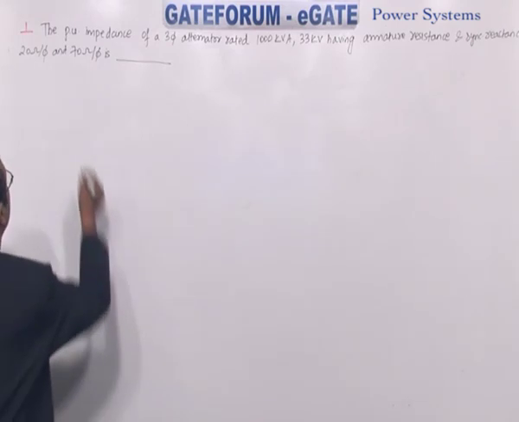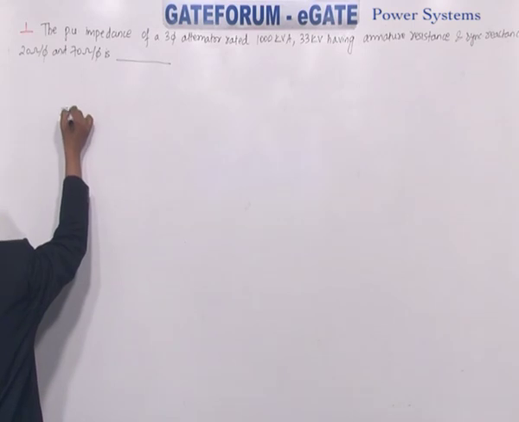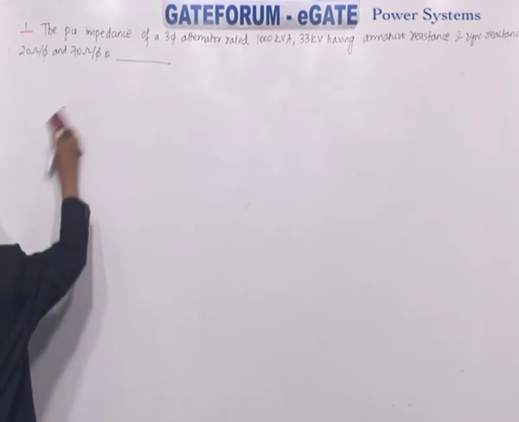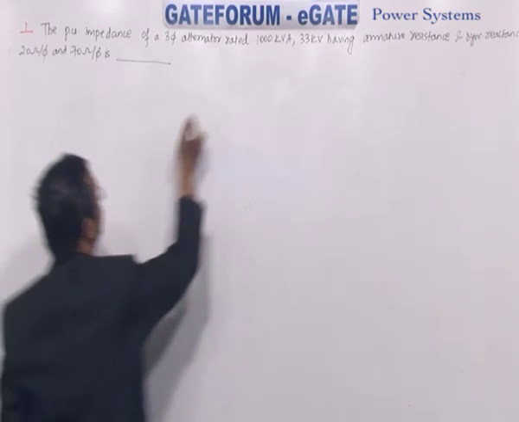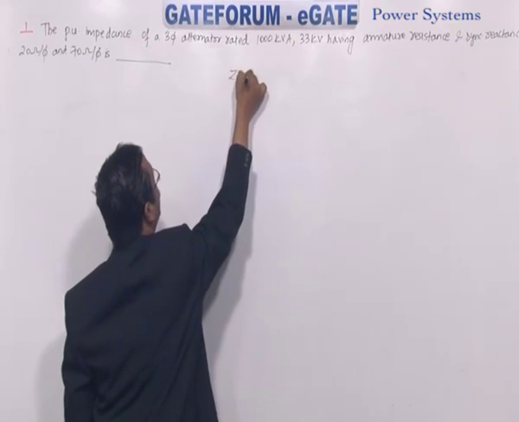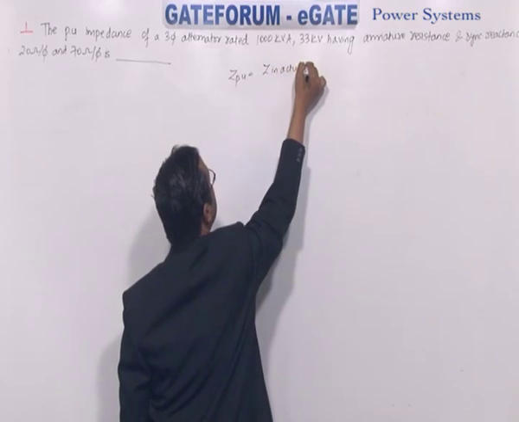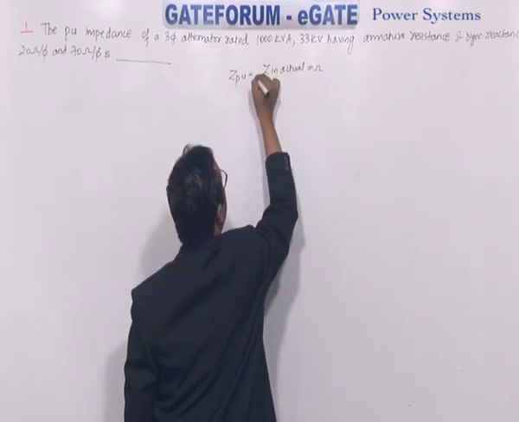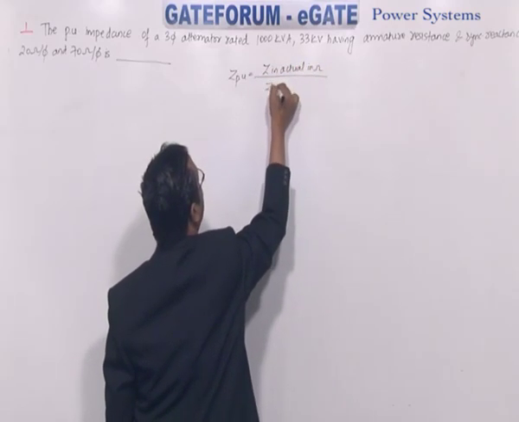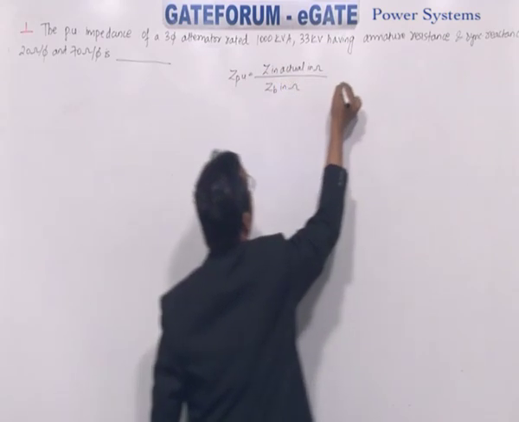So how do you calculate the per unit impedance? Per unit, how to write? The actual value of the impedance in ohms divided by the base impedance in ohms.